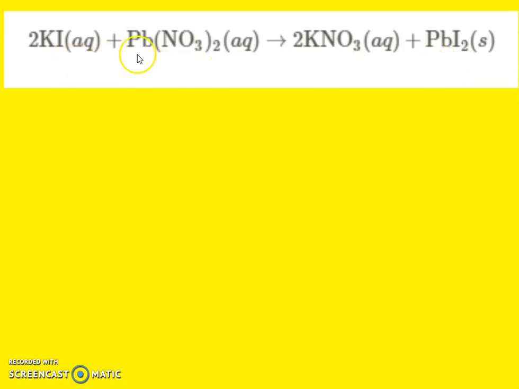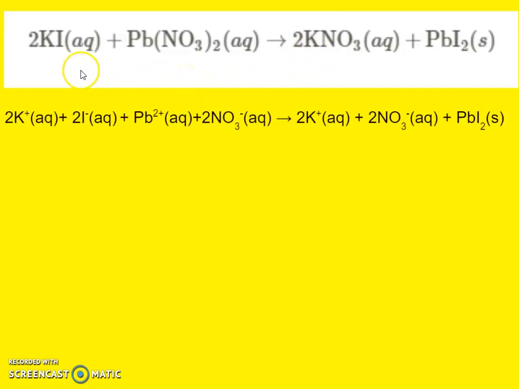Okay, so what we're going to do is rewrite all of these aqueous, showing them as ions. Okay, so notice here you have to take into account how many there are. So you've got 2 potassiums plus 2 iodides, all right, plus lead. And now notice the lead, since there were 2 nitrates to balance it out, reverse the crisscross.